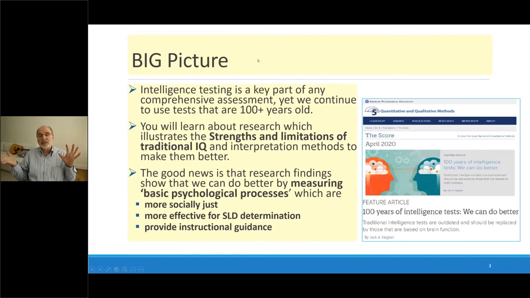I'd like to start with the big picture first to help you understand where we're going. I think that what we do as school psychologists is so critically important to so many children, especially when we do a comprehensive assessment.